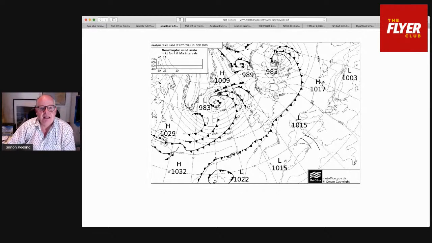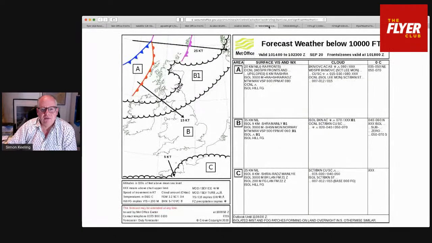So let's now have a look and get more into forms 214 and 215. Just remember that chart as I click on to form 215. So this is form 215. It's the forecast for this evening.